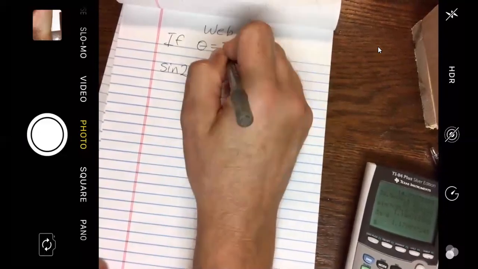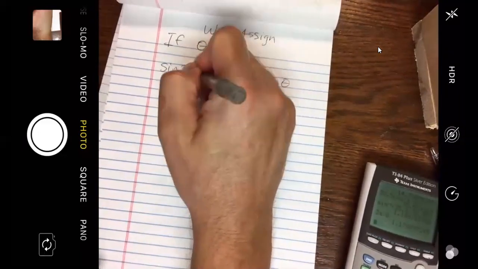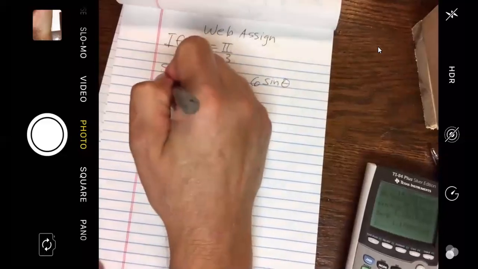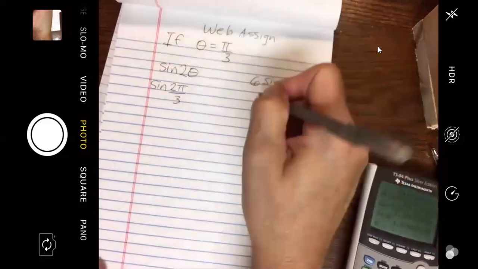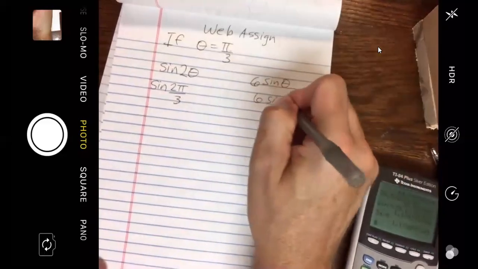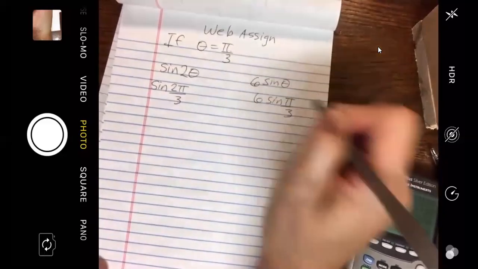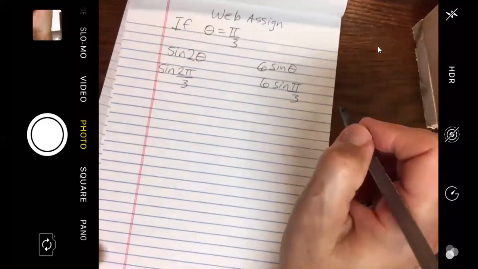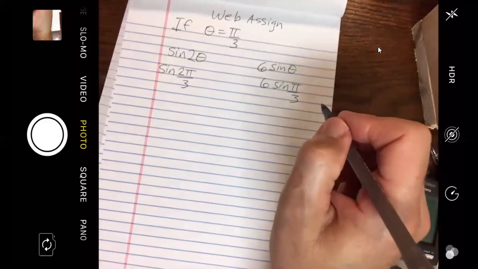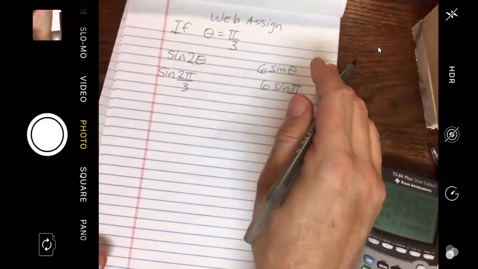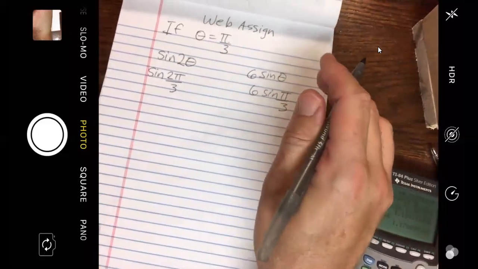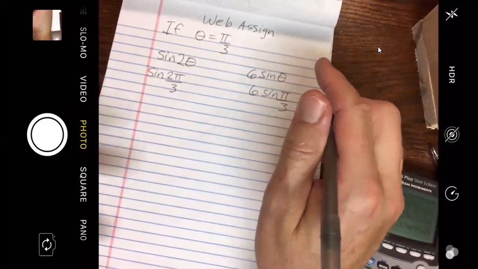So you're going to put the pi over 3 in for the theta. So in here you get sine of 2 pi over 3. Here you'll get 6 sine of pi over 3. Now, this is, to me, one of the fascinating things about trigonometry.